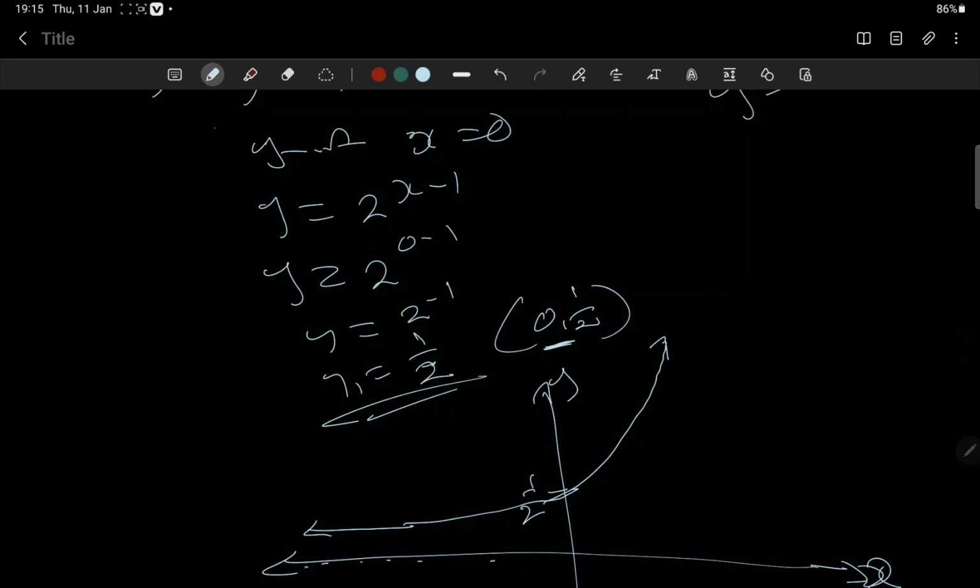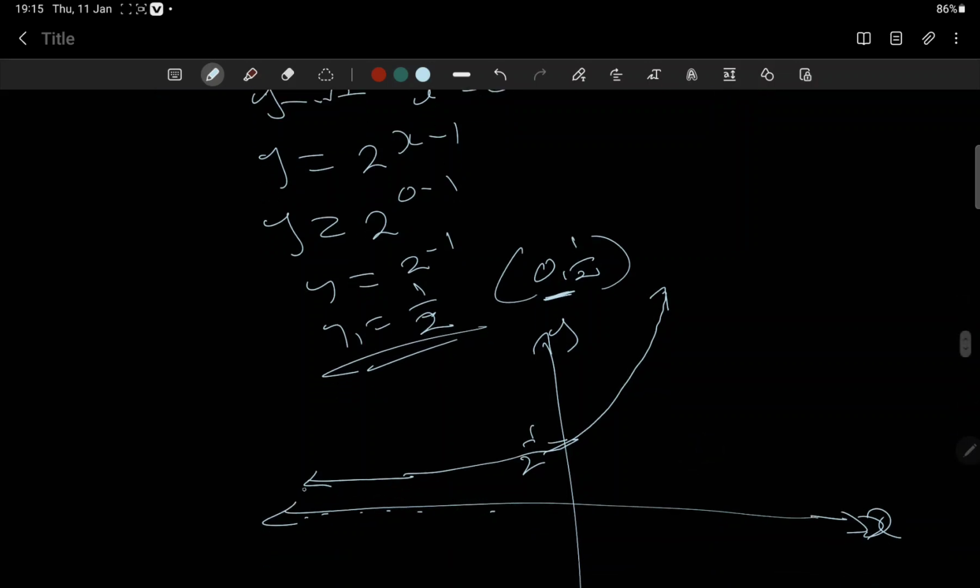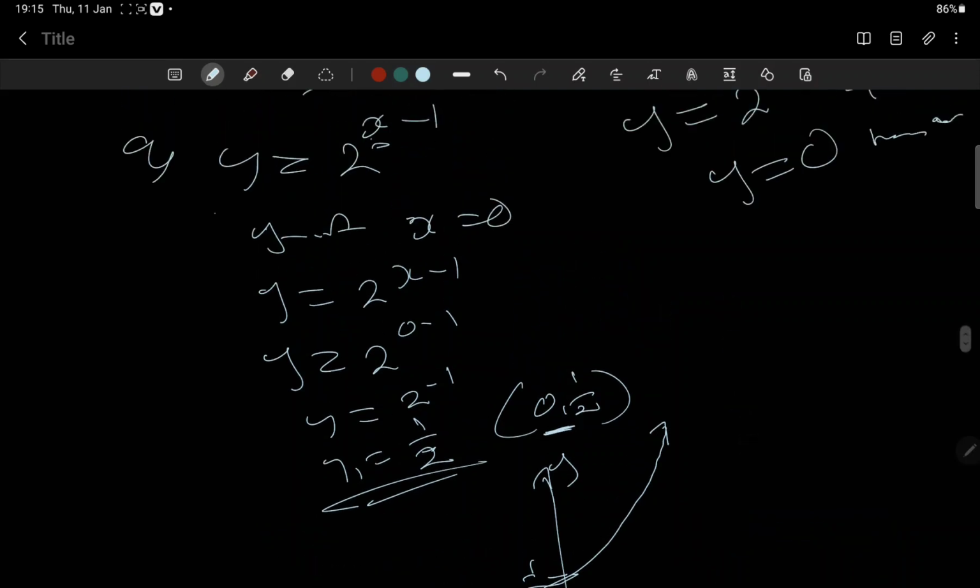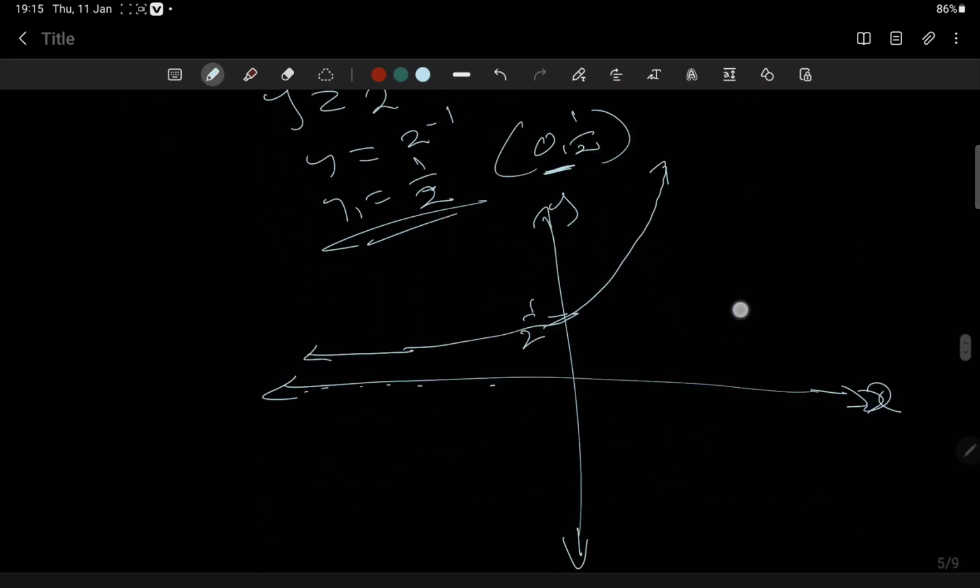It will decrease and decrease, but you never touch the x-axis. But it also increases as they both increase. That's the reason why it looks like this. The proportionality: y increases as x increases. This is why the shape is like that.